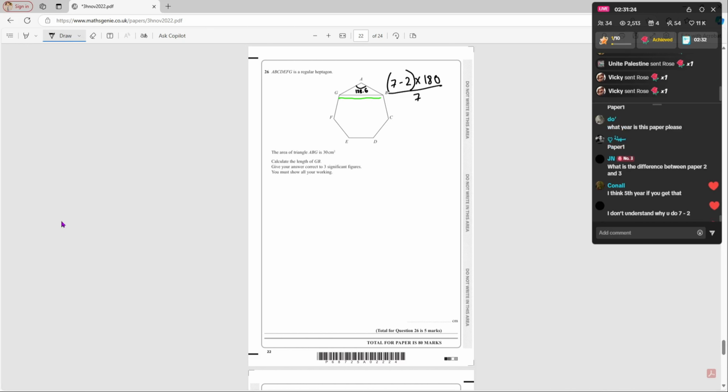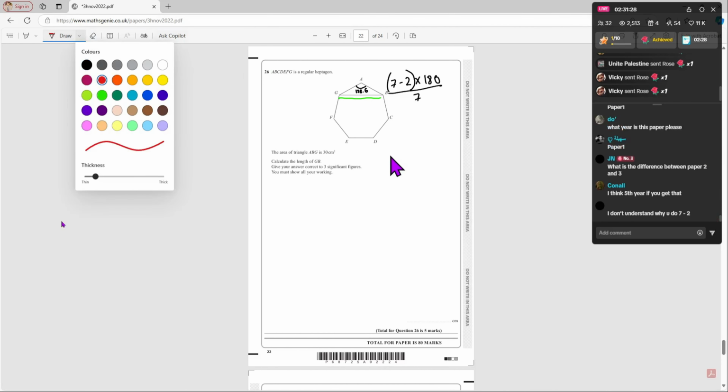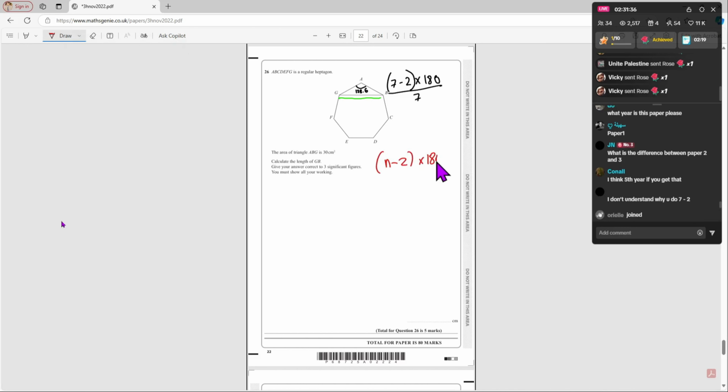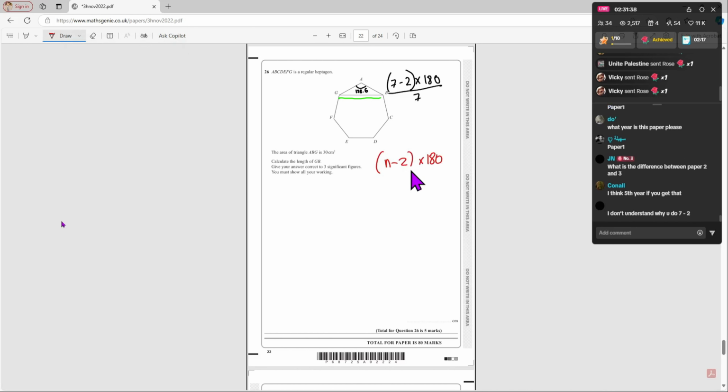If you do not understand why I did 7 minus 2, it's because I'm using the formula to work out the sum of the interior angles of a regular polygon. You do the number of sides minus 2, times 180. That's how you work out the sum of the interior angles.